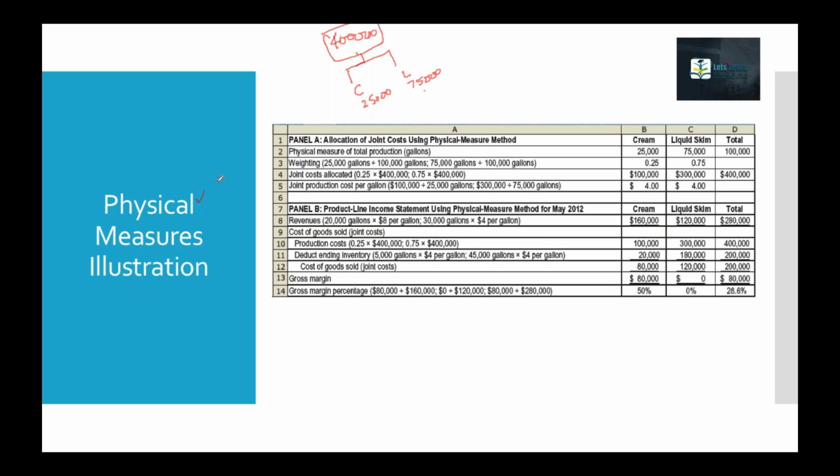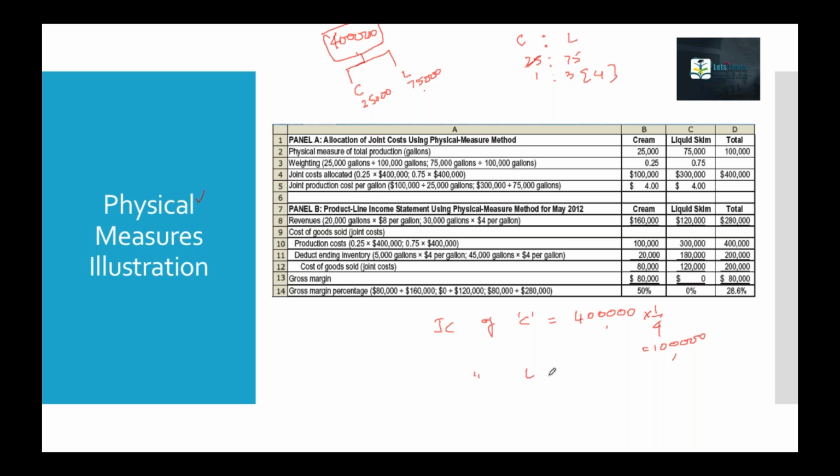If this company uses the physical measure method, cream is to liquid equals 25 is to 75, so 1 to 3, total is 4. Now the joint cost of cream equals 400,000 times 1 divided by 4, so 100,000.